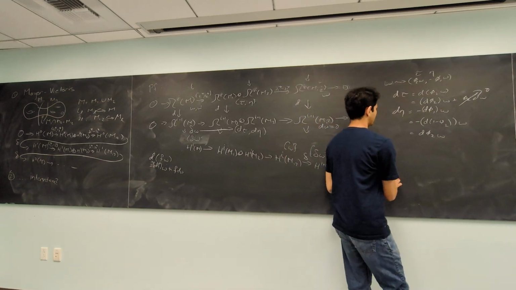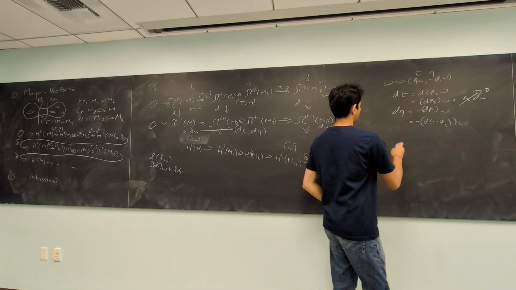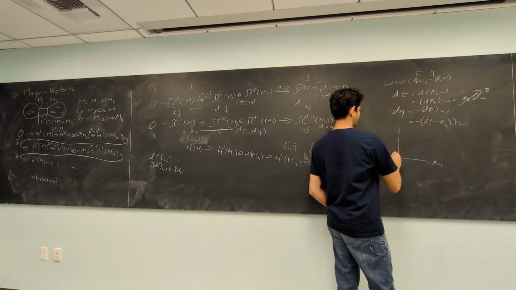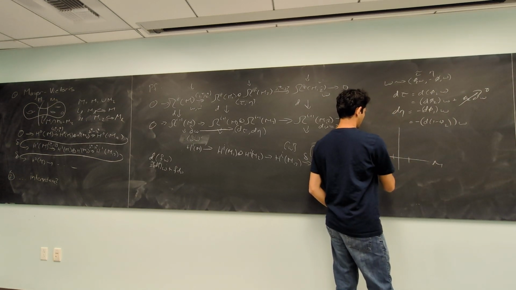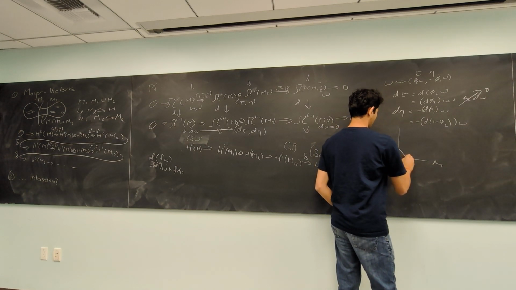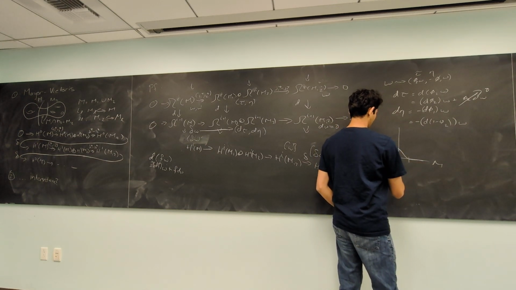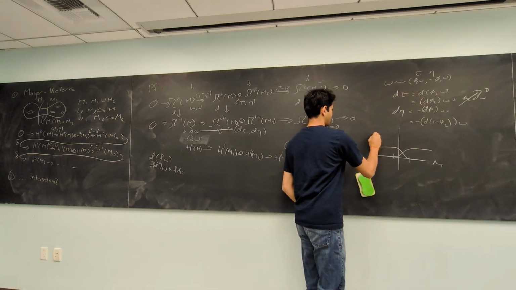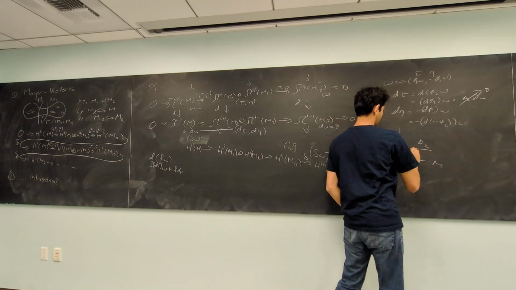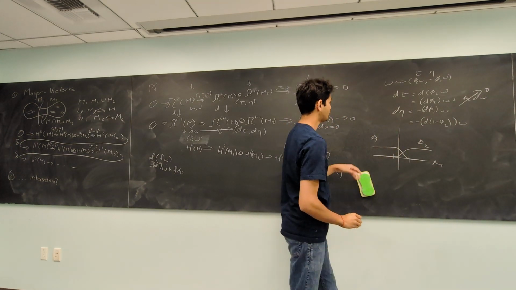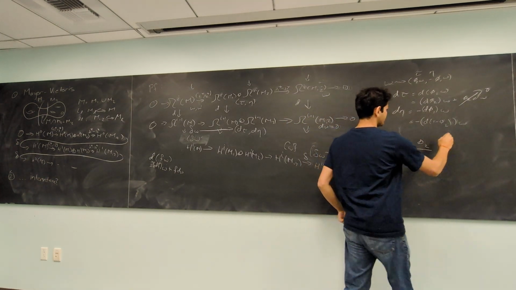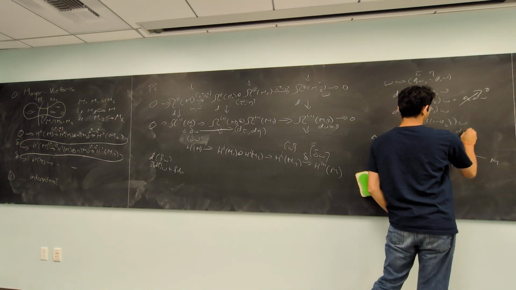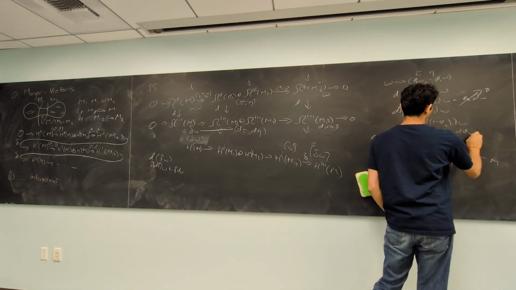Okay, can we see this a bit more graphically? So let's say that this is M. This is the intersection. So phi 1 is going to look something like this, and phi 2 is going to look something like this. So this is the graph of phi 1. This is the graph of phi 2. So if we draw the derivative of phi 2, what happens? Again, this is M, and now we're drawing the graph of d phi 1 or d phi 2.